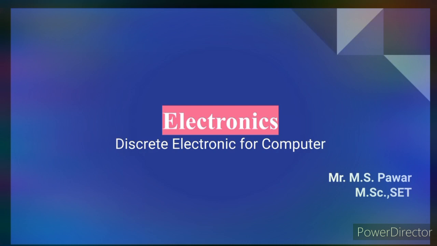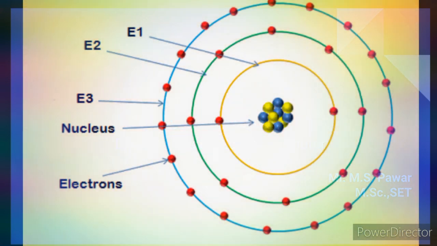Atoms are the basic building blocks of matter. Every object in the universe is made up of atoms. Atoms are made up of small particles such as electrons, protons and neutrons.